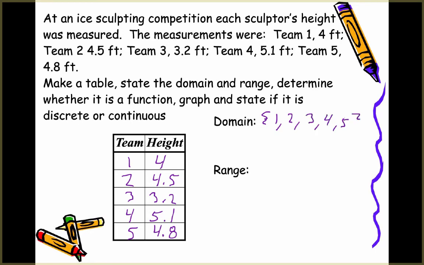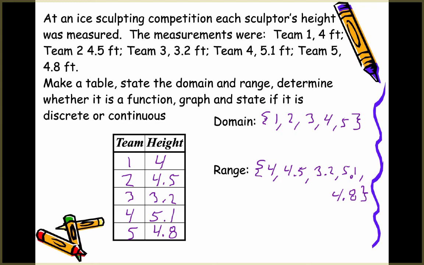When we're looking at sets of domains, we use curly braces to indicate they're all part of the domain. We'll do the same thing with the range. We're going to use our curly braces, and we have 4, 4.5, 3.2, 5.1, and 4.8. And we end our curly braces. So these are all our domain values. Those are our range values.